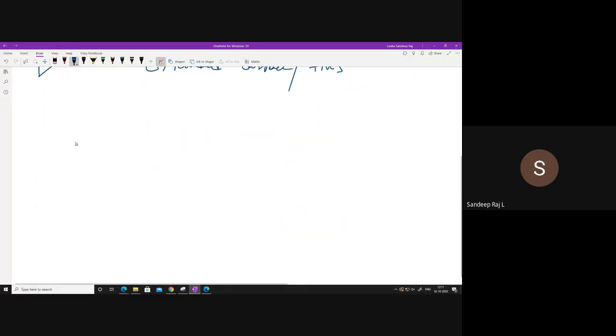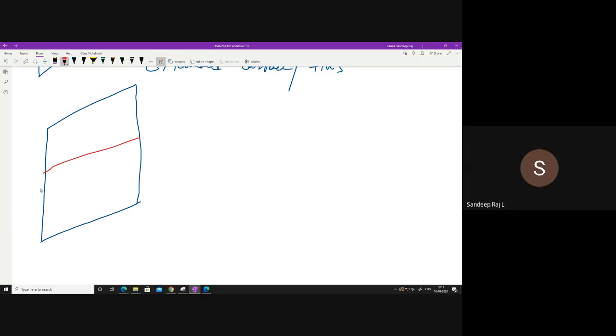So whatever wall was there for me previously, this wall will have a fin now. That is, I am extending its surface. So this is how your fin will look.